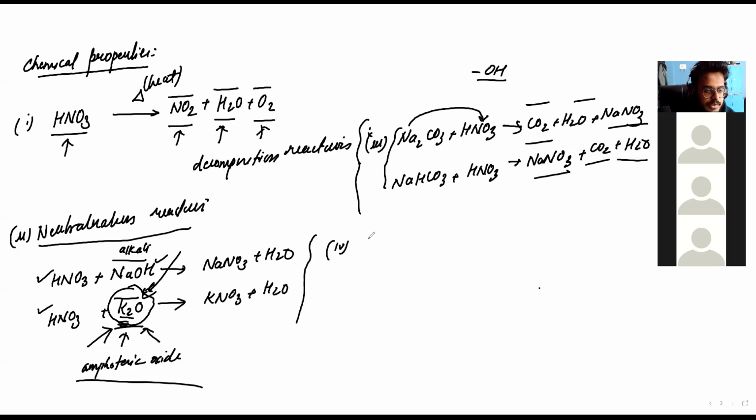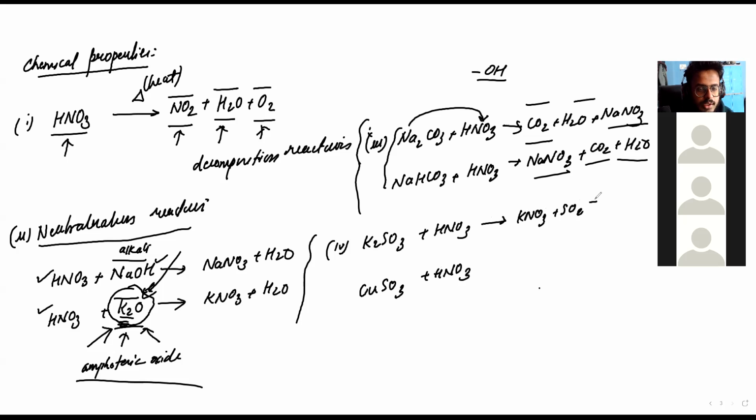So metallic sulfites are K2SO3 or CuSO3 plus HNO3. Same thing, SO2 and water is the constant thing that comes out. You have Cu(NO3)2 plus SO2 plus water.